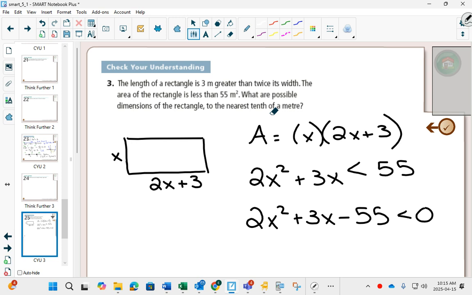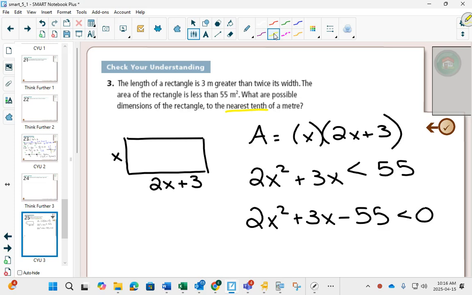Does anyone see the hint in the question? Yeah, not easy mental math. Whenever they say use a calculator and round, you're like, ooh, my mental math isn't going to be very good. So those of you that have graphing calculators have an advantage here because you could use a graphing calculator to find this.